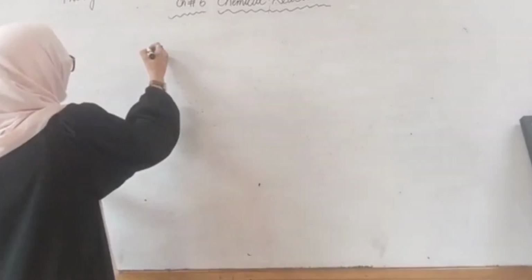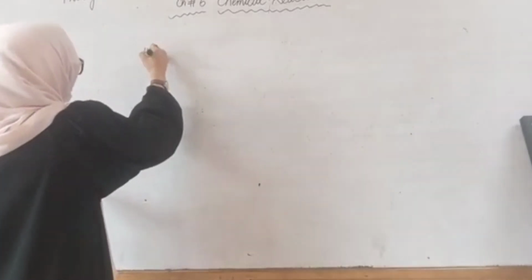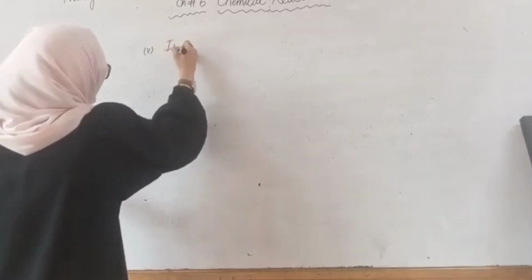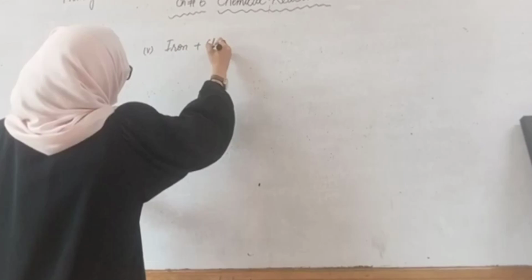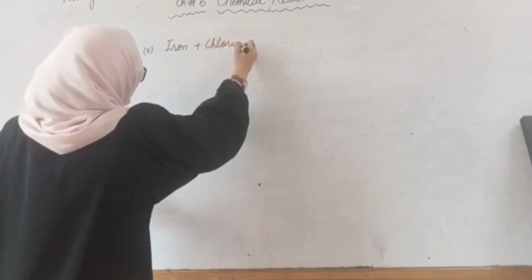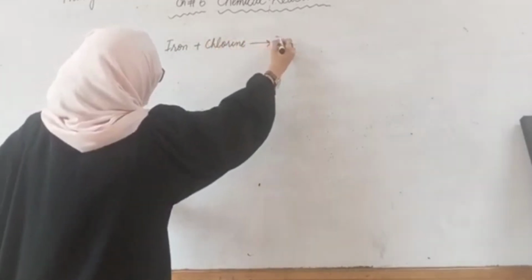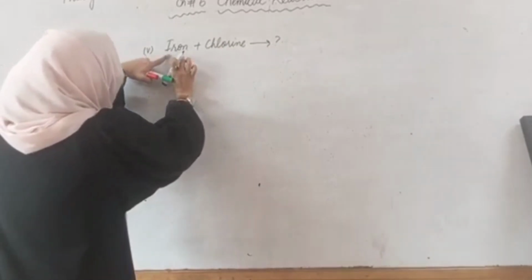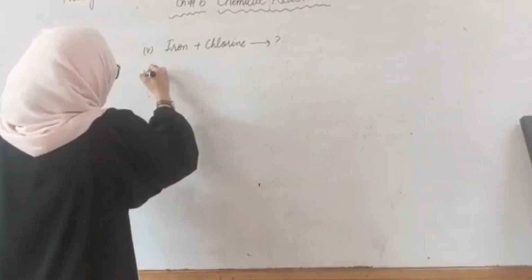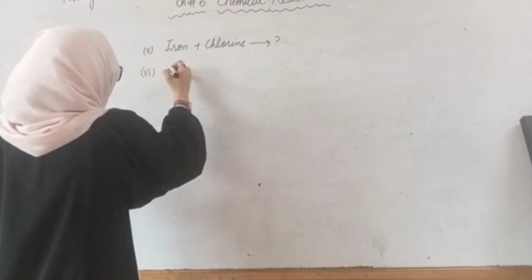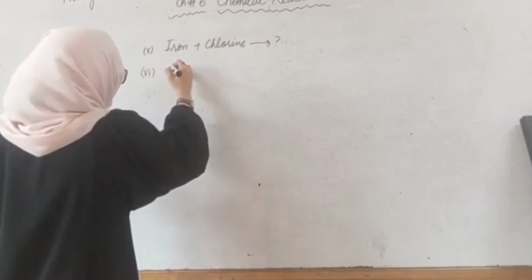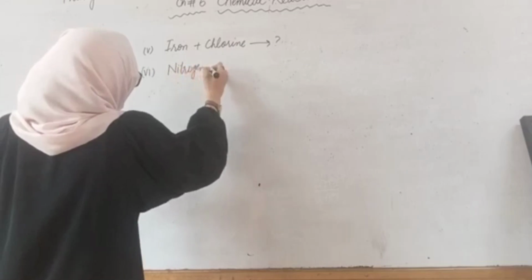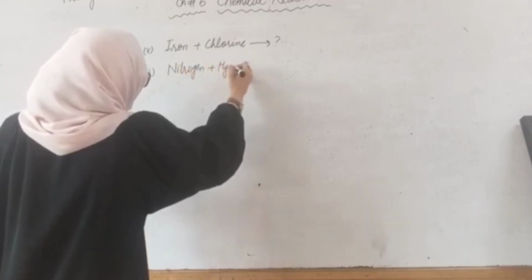For homework, the 5th one: you will write the chemical reaction between iron and chlorine. You have to do it in the 2 states, ferric and ferrous. And for the 6th example, you will do the reaction between nitrogen and hydrogen.